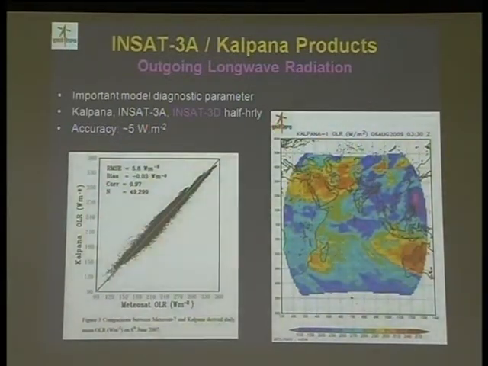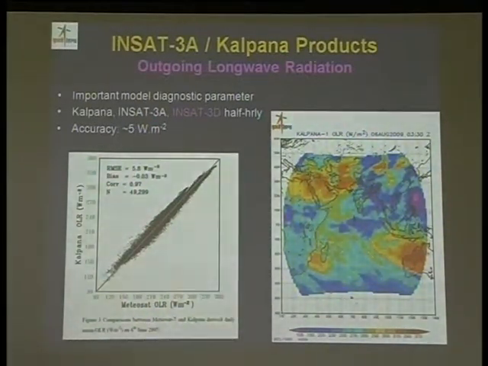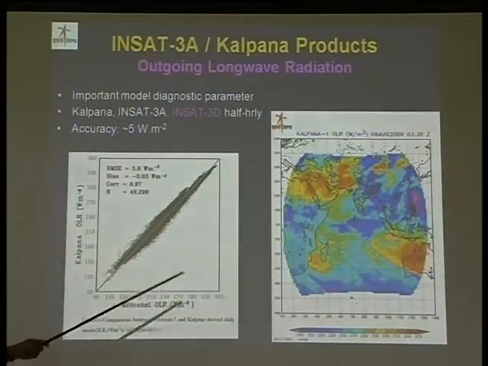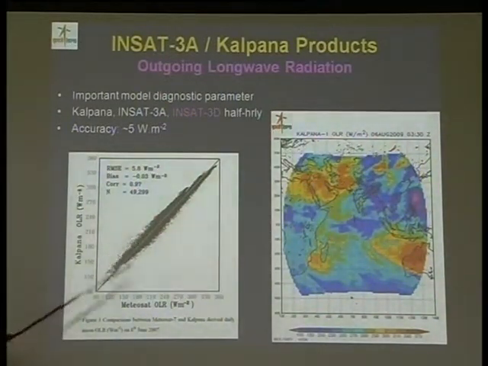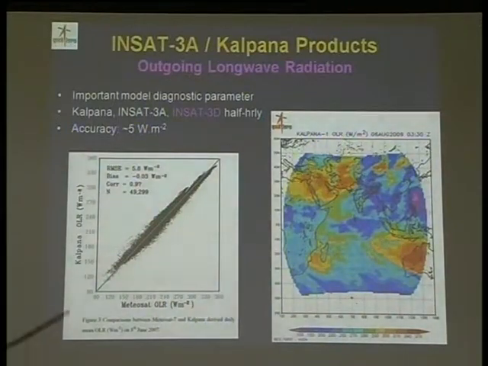And using that relationship, we compute the outgoing long wave radiation from Kalpana or INSAT water vapor and thermal infrared channels. And we compare that OLR with other sources of OLR from Meteosat and other available data sets. We find that Kalpana OLR products are very good. It has an RMS error of the order of 5 watt per meter square. So very good accuracy here.